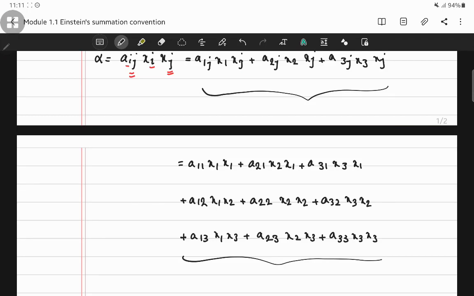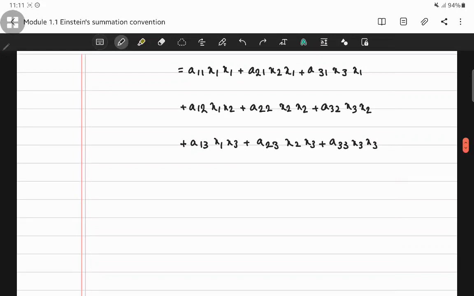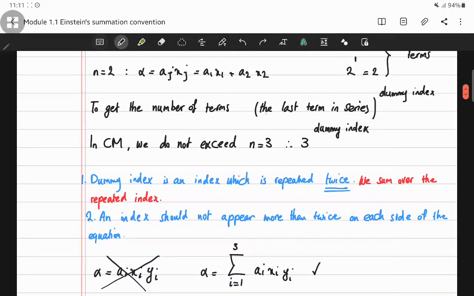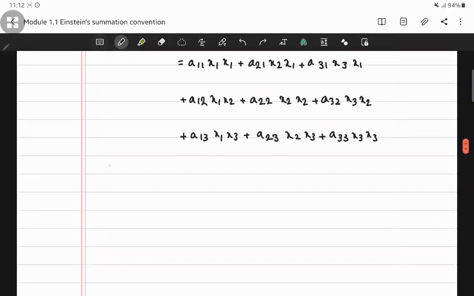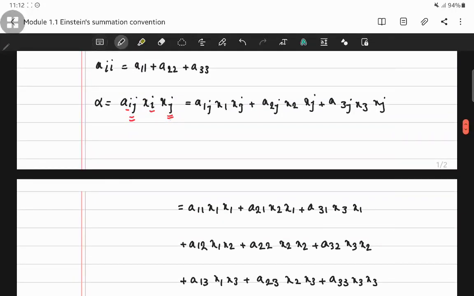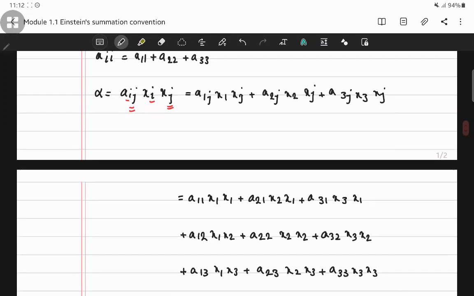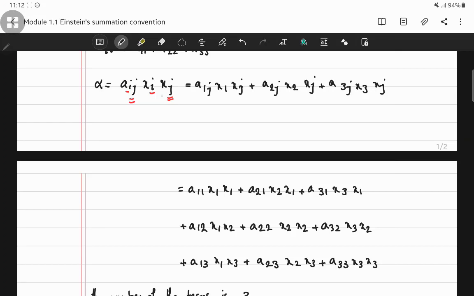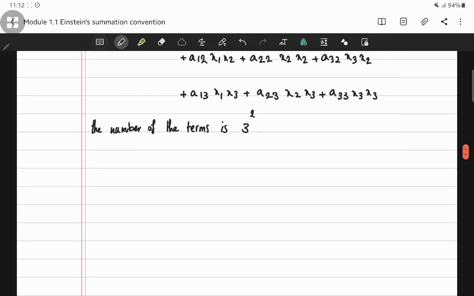Remember here that while writing the expressions, I actually had an i over here when I wanted to substitute j with different values from 1 to 3. So I will have an expression like this, and as you may conclude, the last term in the series, which is 3 for us in continuum mechanics at most, so we have 3 to the power of the number of dummy indices, and this is the number of terms. We obviously have 2 dummy indices, i and j, so 3 to the power 2 is 9.